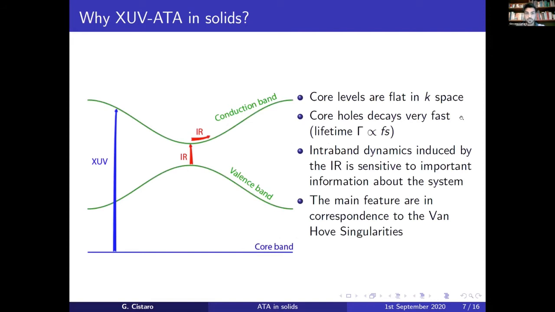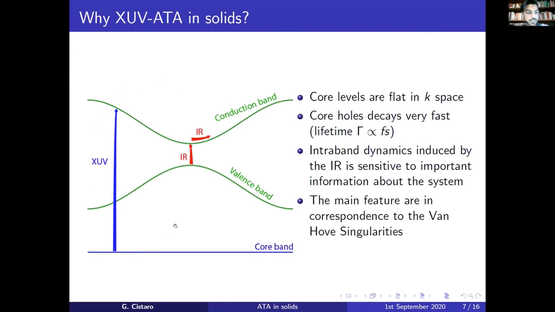So why do we want to do attosecond spectroscopy in solids? One might think that we add other bands, the core bands, so we add more information that is not needed. But in fact, the core bands are flat in k space, so there is not a lot of information coming from this. And moreover, the core hole decays. Once the XUV excites an electron into the conduction band, it decays in a few femtoseconds.